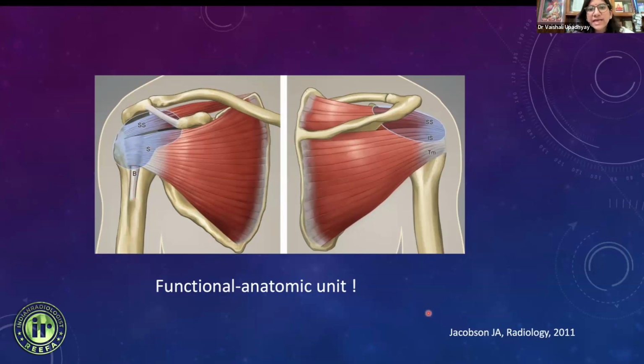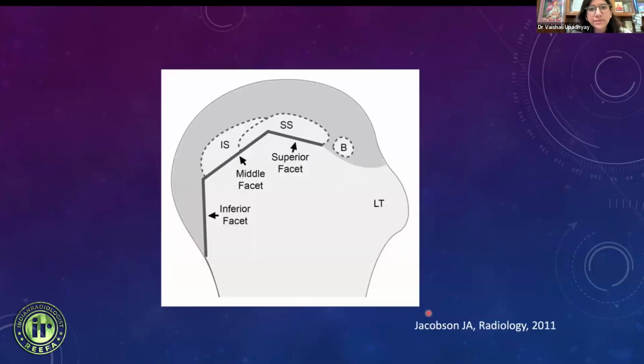But remember that these muscles of the rotator cuff are not working in isolation, one muscle doing one function. They are part of a functional and anatomic unit. So if one muscle or one tendon gets torn, that's going to affect the function of the other as well. For example, the supraspinatus inserts onto the superior facet of the greater tuberosity, but some part of the supraspinatus also inserts onto the middle facet.